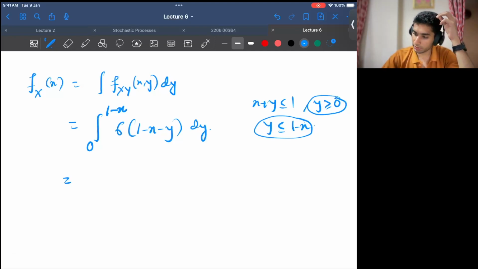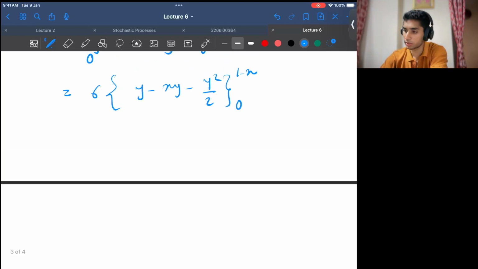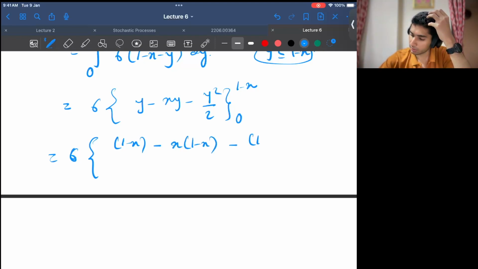You do this, what will this become? This will be 6 times y minus xy minus y square by 2, from 0 to 1 minus x. Now just substitute this limit in this expression. It will become 6 times 1 minus x minus x times 1 minus x minus 1 minus x whole square by 2, minus 0 of course.